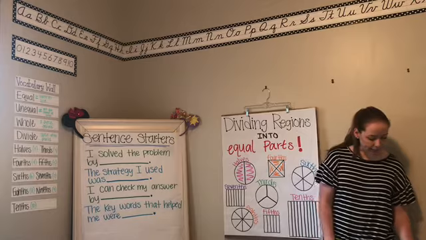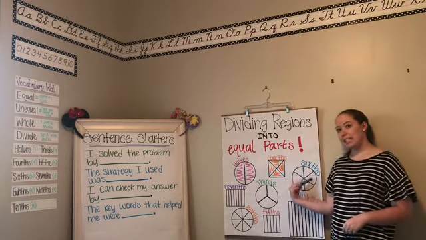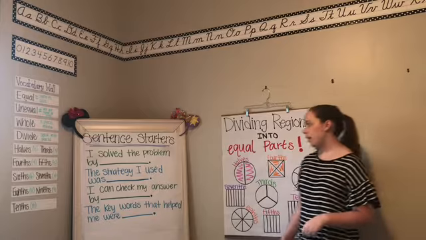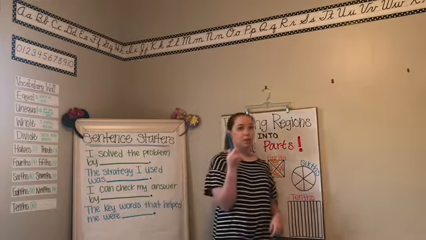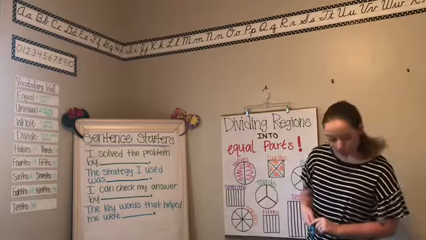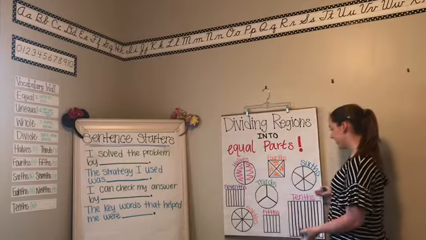Now let's look at another one. This one says it's split into sixths, but I can check my answer by using a marker to highlight all the different parts. So let's count all together.